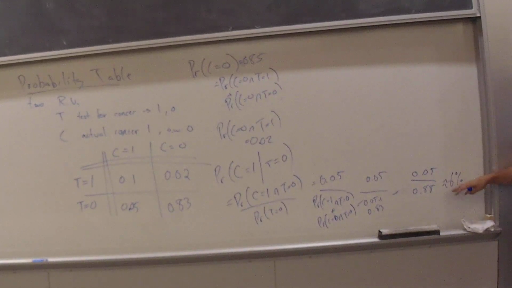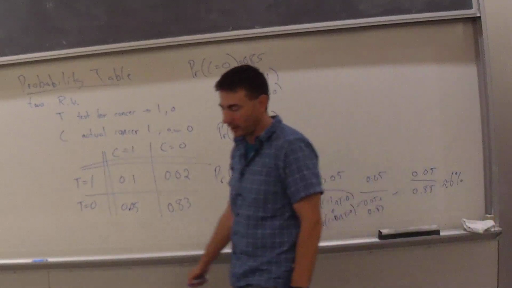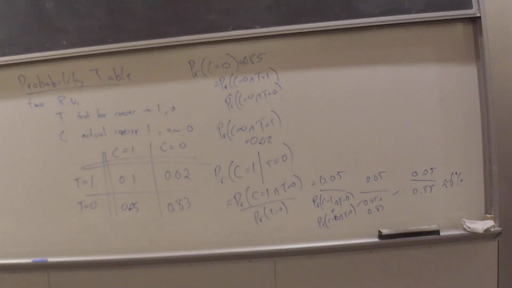So these tests are not perfect. That's why sometimes they'll run more expensive or more invasive tests that are more accurate after a first test, which might rule things out with some probability. If at some point you have kids, they'll run these tests earlier on in the pregnancy, and then they'll say, here are some probabilities of this happening, and if this test comes out positive, then we'll test again later on, or something like that.